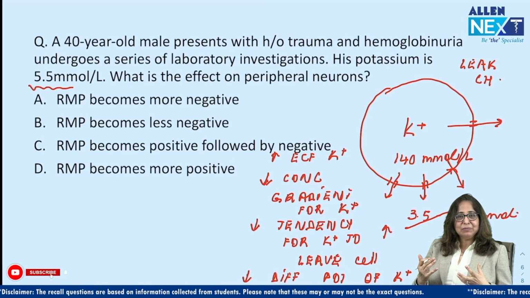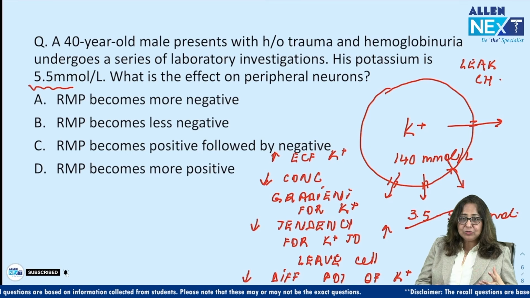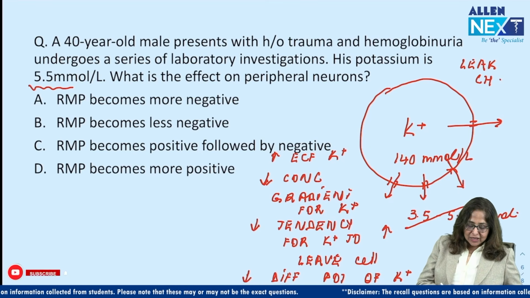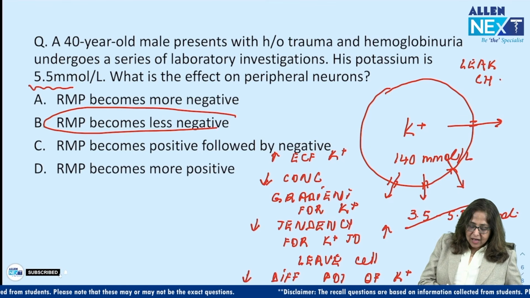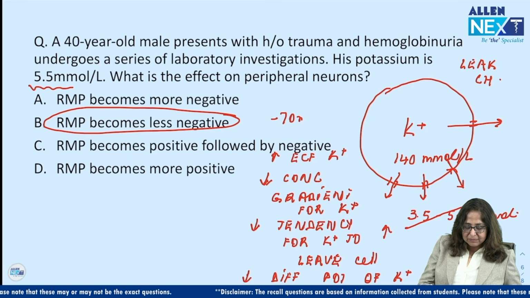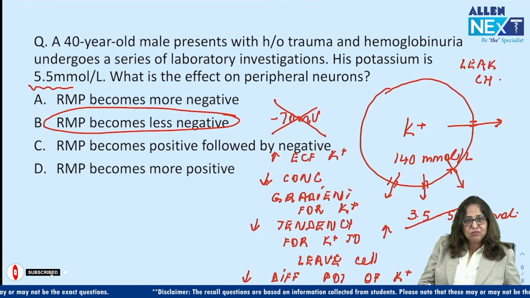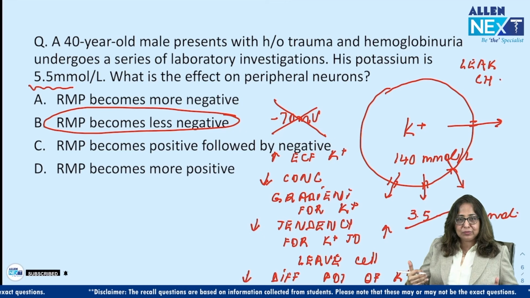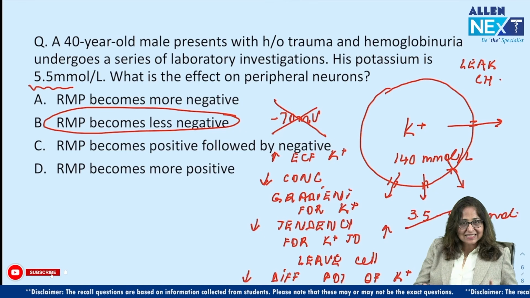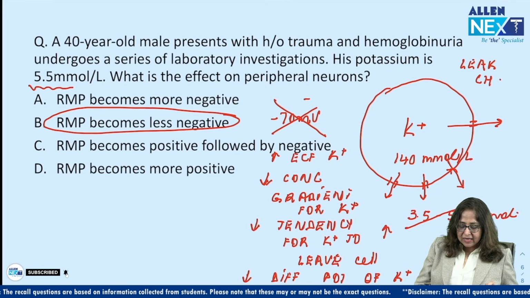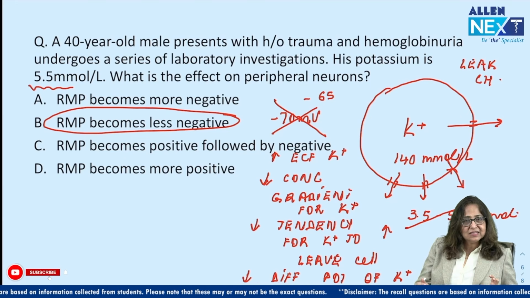So what will happen to the resting membrane potential? It will tend to become less negative. Instead of minus 70 millivolts, because of less movement of potassium from inside to out, the RMP will be less negative, either minus 65 or minus 60 millivolts.